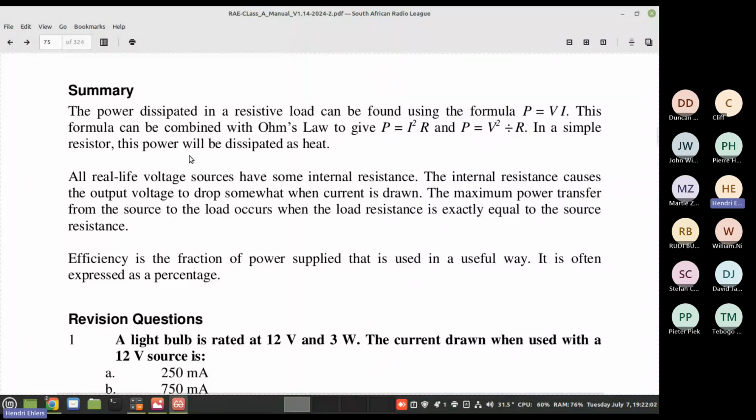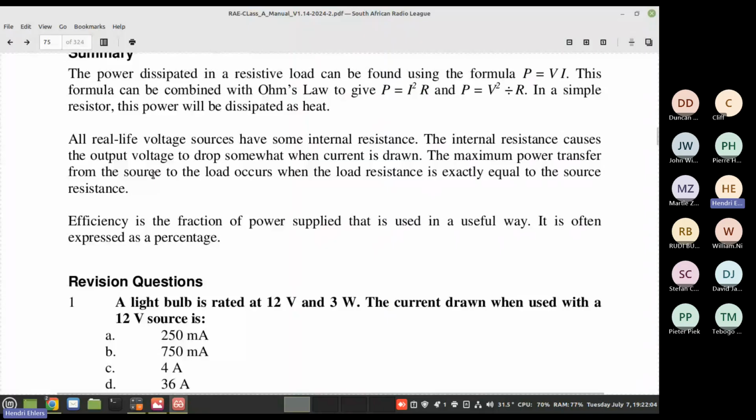That's why if you put too small a resistor in a circuit, it will smoke because it will overheat and the carbon or the wire wound will burn off. That's why you would calculate the wattage of a resistor before you use it.